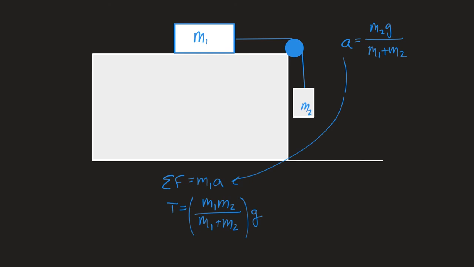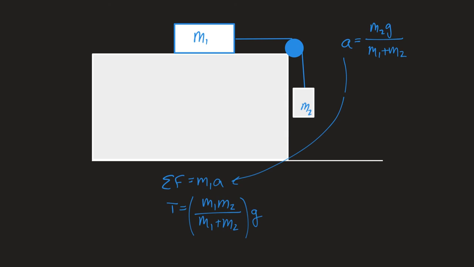So that's looking here at the acceleration. If M1 becomes small, then the denominator becomes just M2, and M2 over M2 just gives us 1 times G. So if M1 wasn't here, M2 would just fall at G.